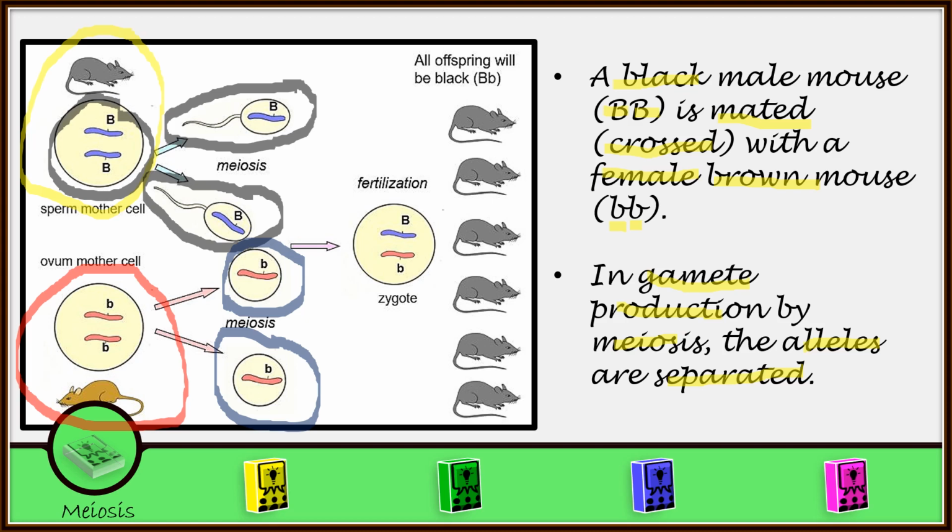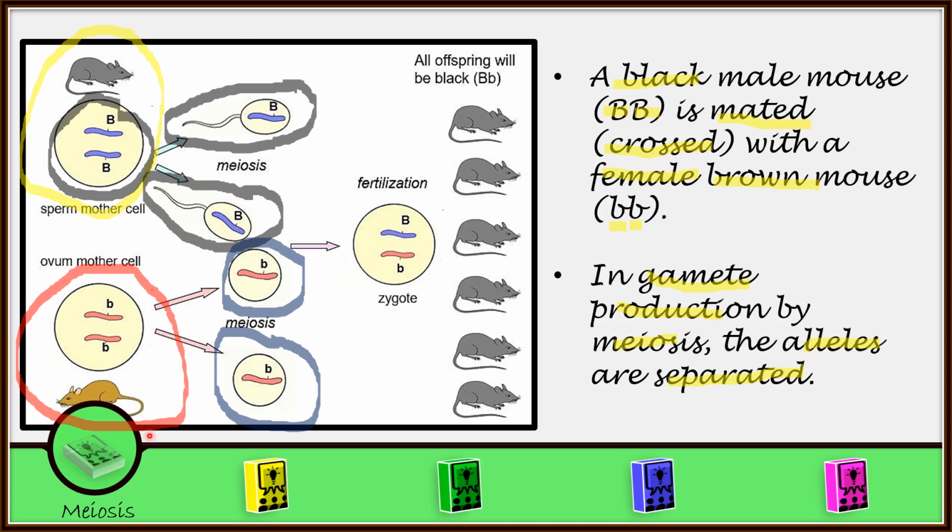So during the formation of gametes, the father's sperm cell undergoes meiosis, and the mother's ovum cell also undergoes meiosis, and they end up separating the alleles. So each allele will go in its own gamete. And that is what we call meiosis.